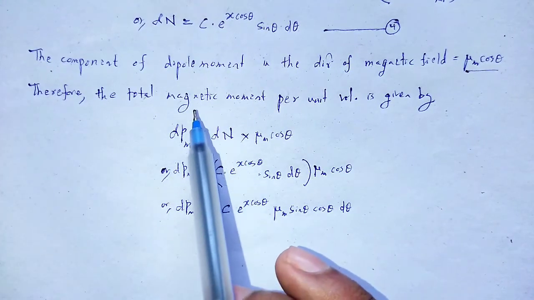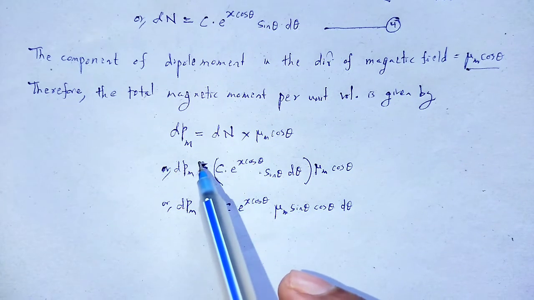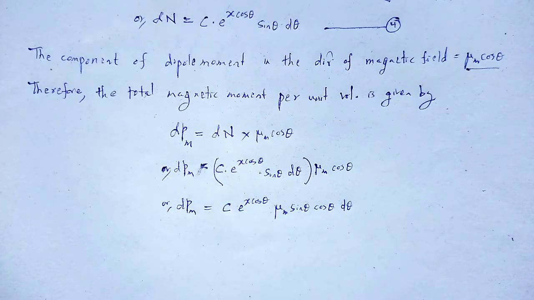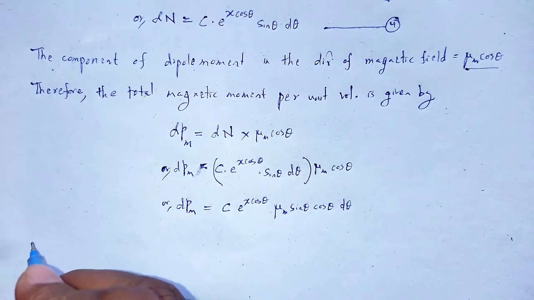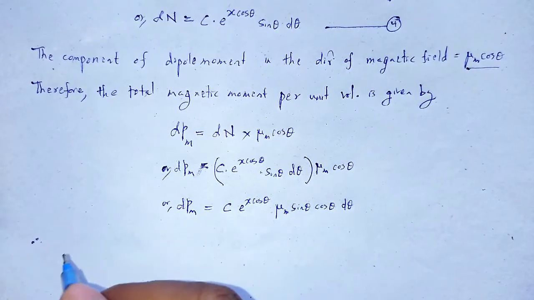Then the net dipole moment of all the dipoles per unit volume, just integrating that one.